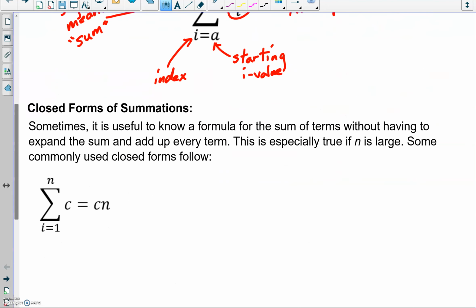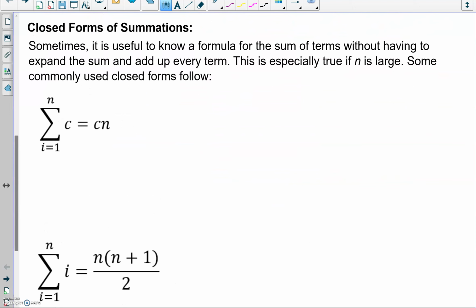So one thing that's going to be useful for what we're going to be doing in calculus is this idea of having a closed form of a summation. And basically, instead of writing out all the terms with plus signs in between and then adding them all together, you can just plug in the N and get to the final answer.